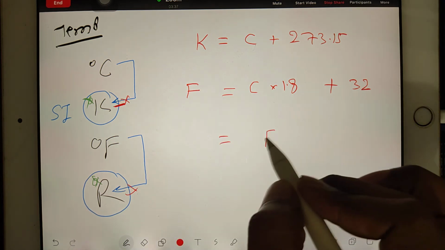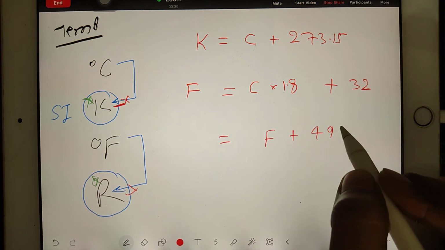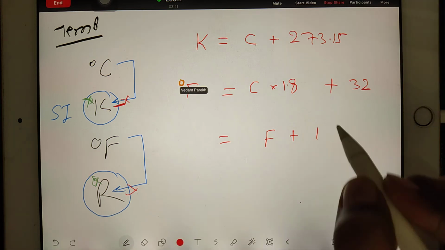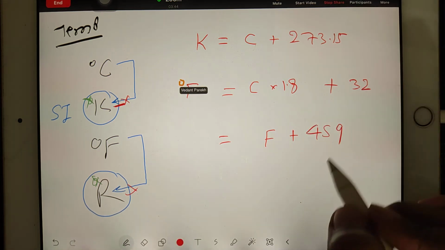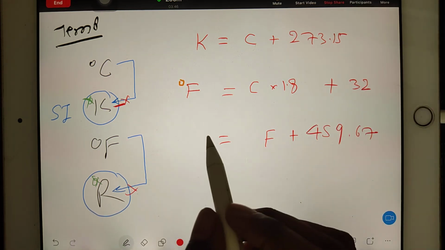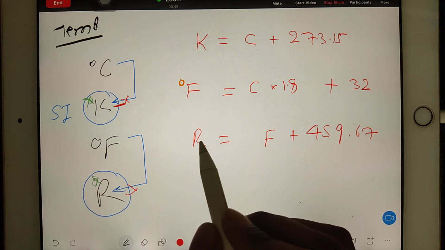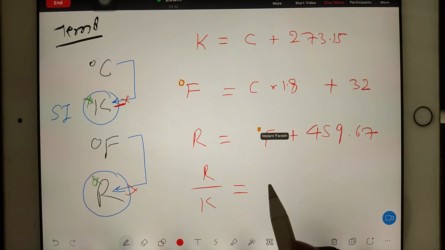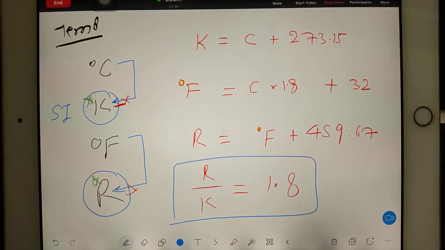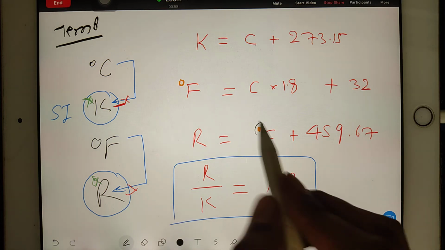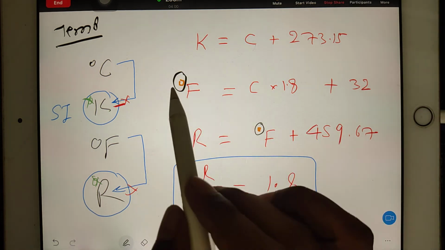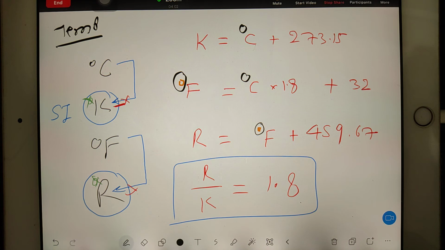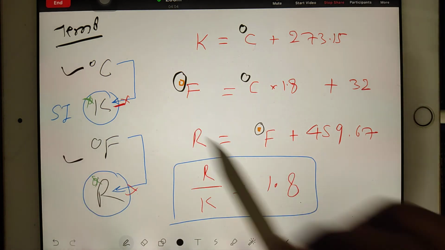If the Fahrenheit temperature is there and you add 459.67, it becomes the Rankine temperature. And the ratio of Rankine temperature to Kelvin temperature is always 1.8. Remember this ratio. Degree will be for Celsius and Fahrenheit. I have explained here; if I am making any mistake, please take care.